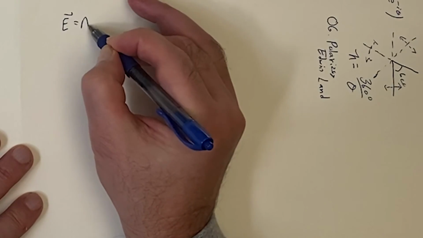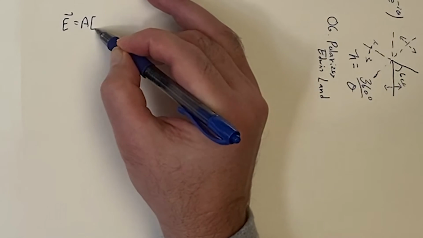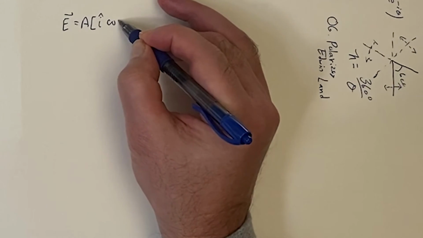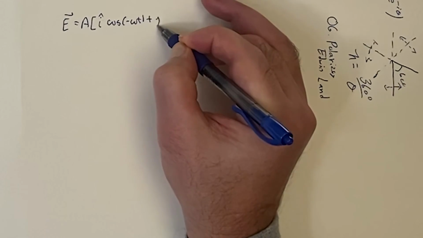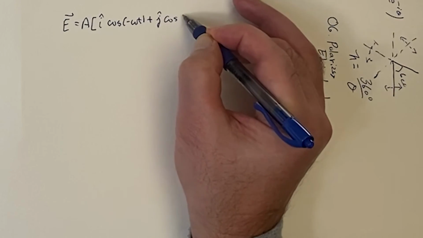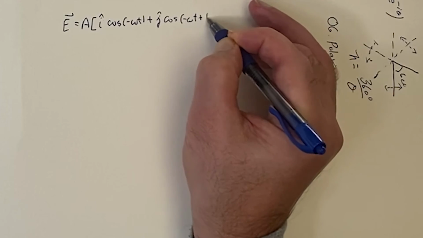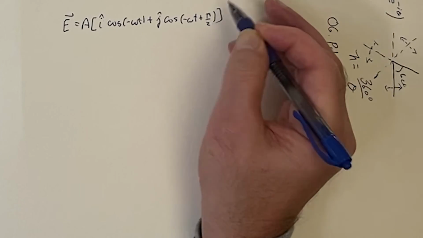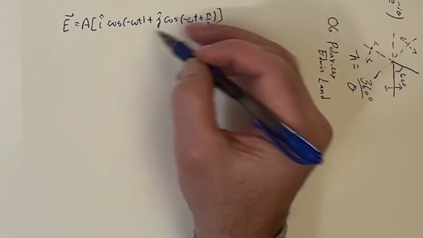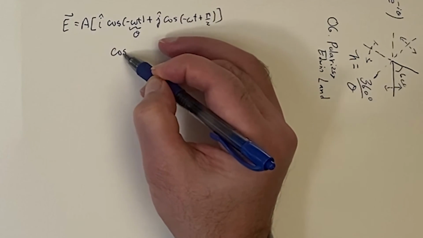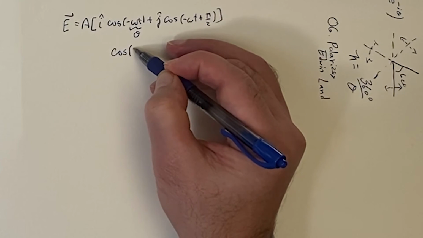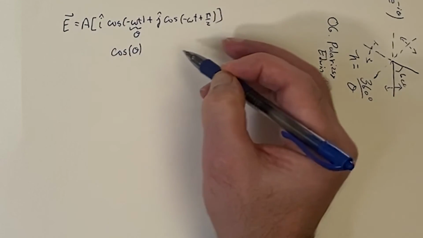So what we're going to do here is look at i cosine minus omega t plus j cosine minus omega t plus pi over 2. We have let the z be 0, and then let omega t be theta. So this is cosine minus theta, which is the same as cosine plus theta.